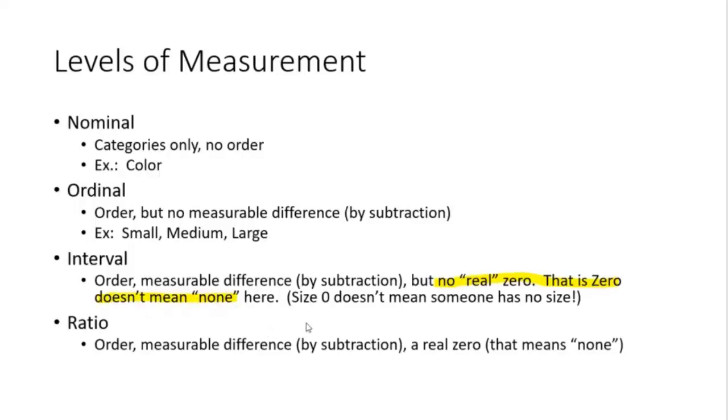Like clothing sizing is one of those. If you've got numerical sizes, I don't know that men have this, but girls' sizes, or particularly young girls' sizes, they have a size 0. They even have a double 0. And double 0 is smaller than a 0. It's one size smaller, so I can technically subtract.